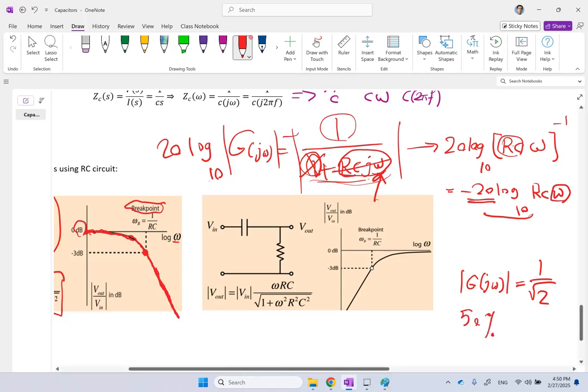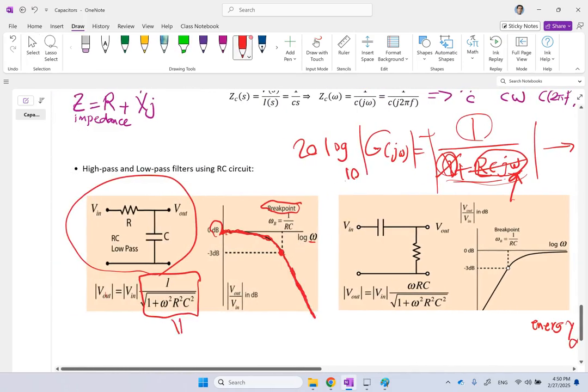So if the energy of your input signal drops by 50%, the magnitude should be 1 over square root 2 because energy is proportional to magnitude of G squared. So it is going to go down to 50%. If you set this equal to 1 over square root 2, that is what we call the cutoff frequency. And for that, your cutoff frequency is going to be 1 over RC.